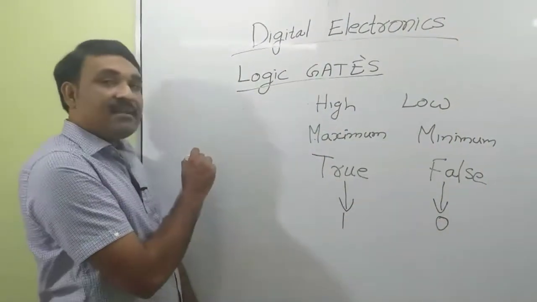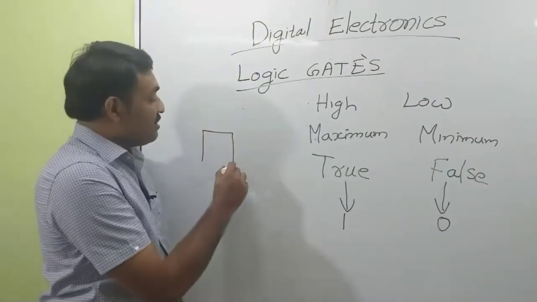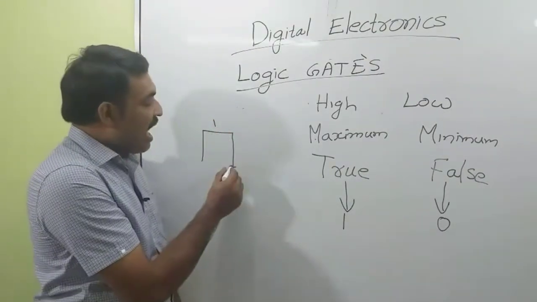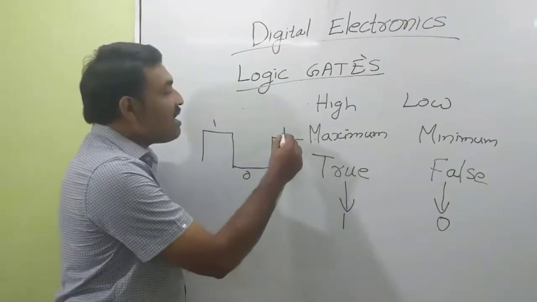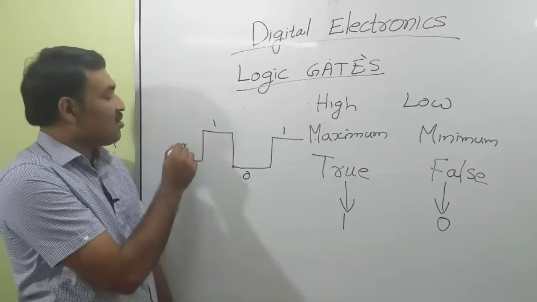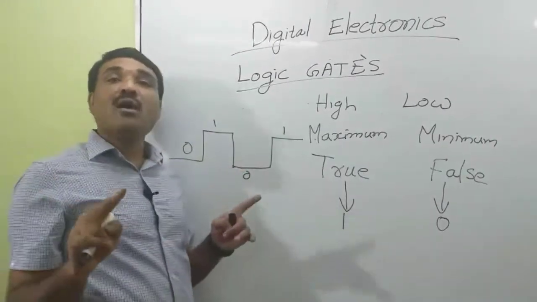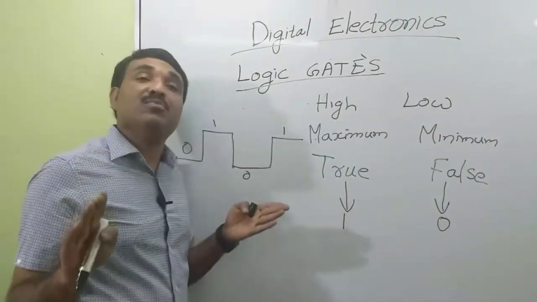So high logic is 1, and low logic corresponds to 0. So these are the two logics in digital algebra.